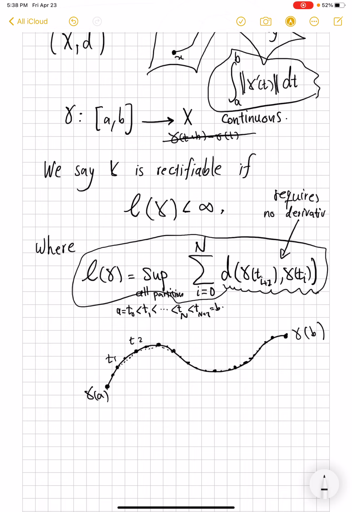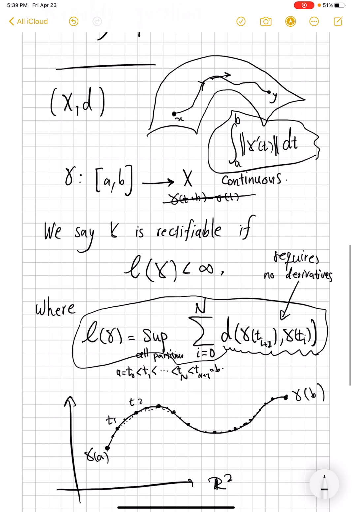It only requires this notion of distance. Therefore, here I was thinking like I'm in R2, but even if you are in a general metric space, this does make sense. So the notion of distance is there, summation, you're adding some real numbers, and definitely supremum over partitions, which happen in just the interval.